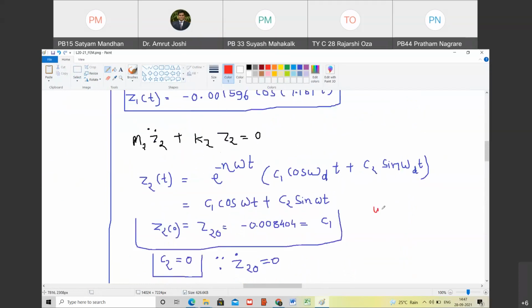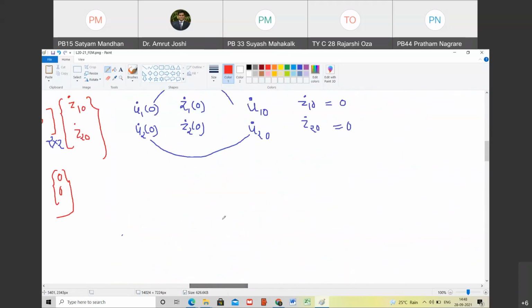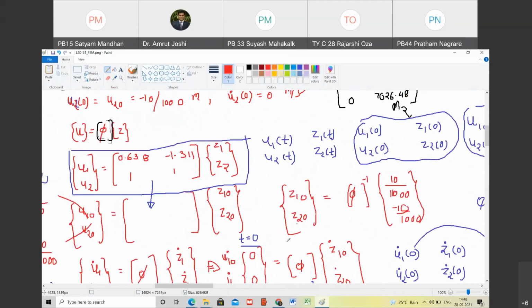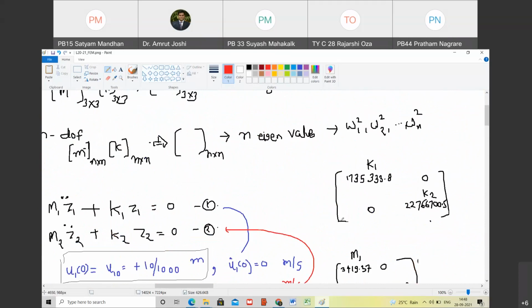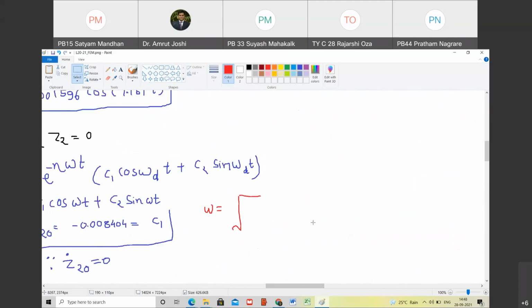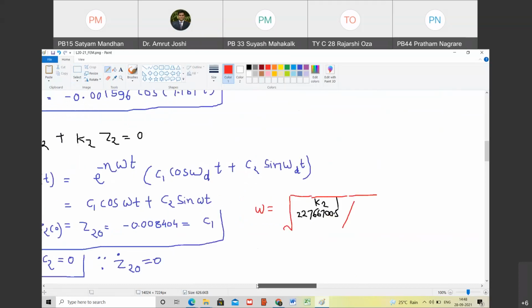So that we need to calculate. That omega is equal to square root of K2 upon M2. So what is K2? So let me see that. Where is K2? K2 is this one, 2, 2, 6. Are you with me? Yes, sir. So let me write down that. This is K2. This divided by M2. Where is M2?